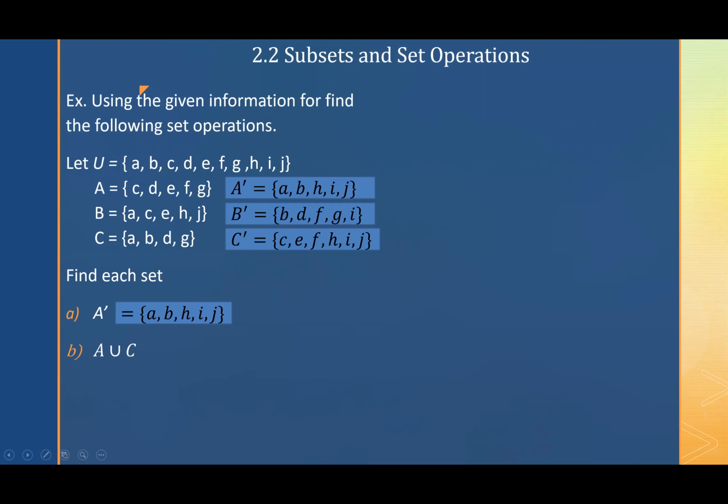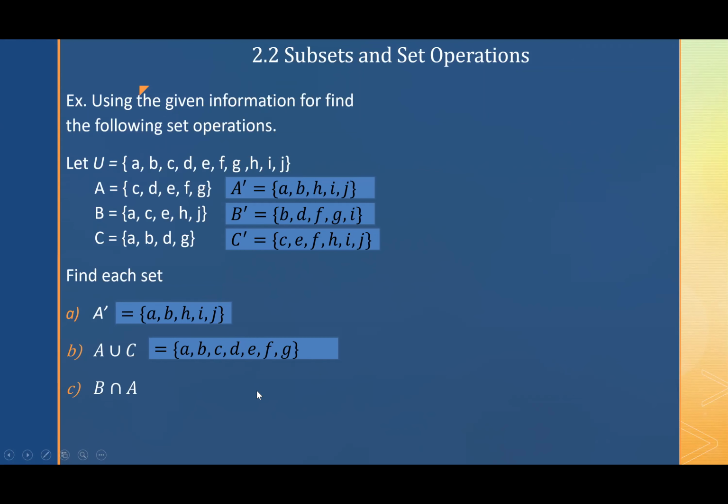Take whatever is in A, put it together with whatever is in C. And if they happen to repeat, we don't have to rewrite it. In this case, I just want to put it in alphabetical order, and inside my C, I have A, B, C, D, E, F, and G. So A, B, C, D, E, F, G. You just take the A and combine that with C. Whatever is inside your A set, you combine that with whatever is inside your C set.